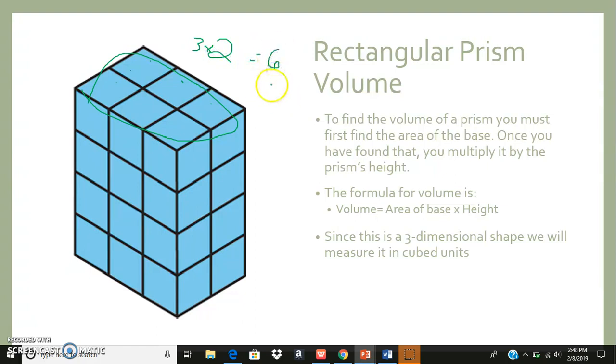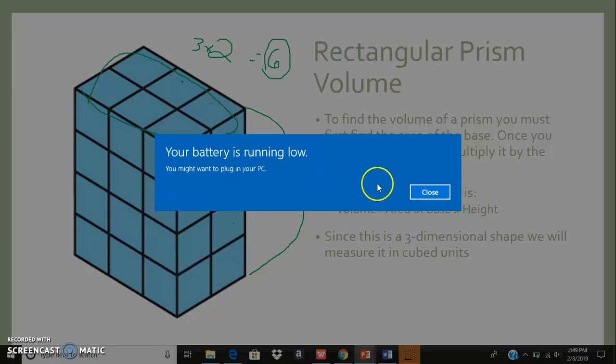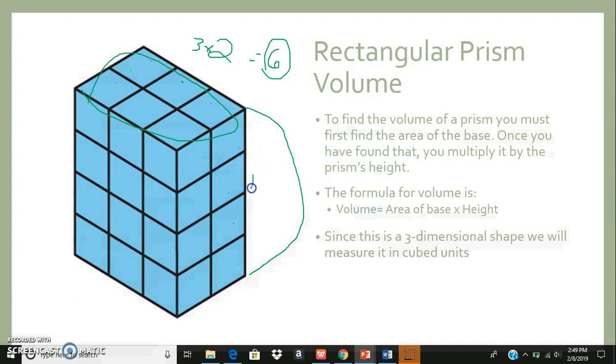And then we'd multiply that number, this is the area of the base, by the height. So right here we have the height of the prism. We have 1, 2, 3, 4 as the height. So 6 times 4 equals 24.